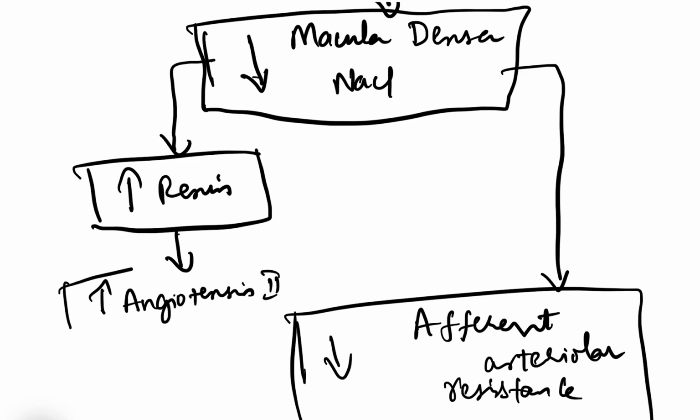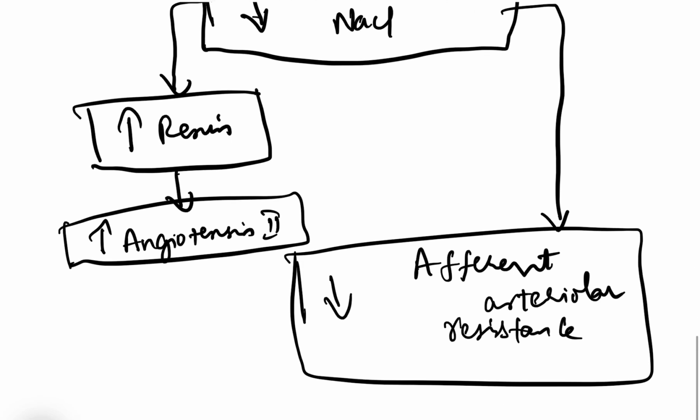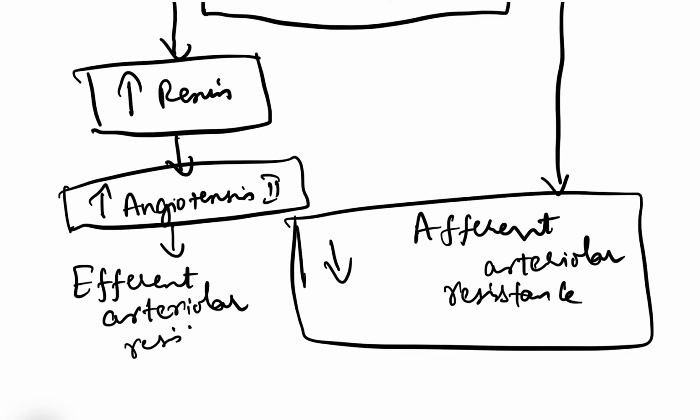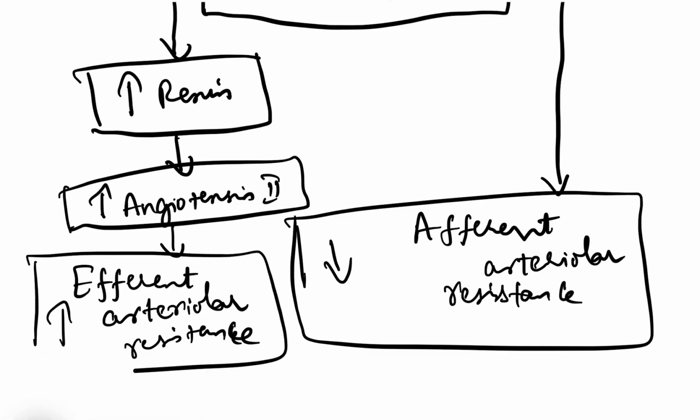This angiotensin 2 will cause constriction of the efferent arteriole, that is, efferent arteriolar resistance is increased.